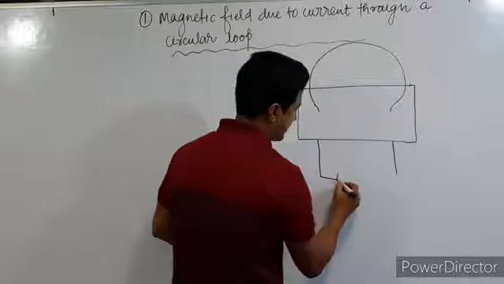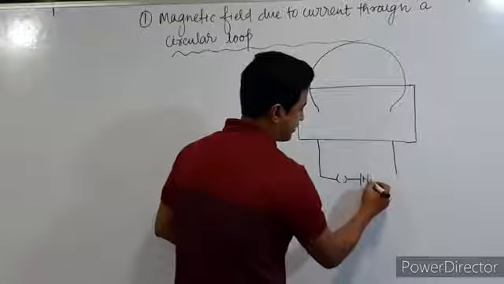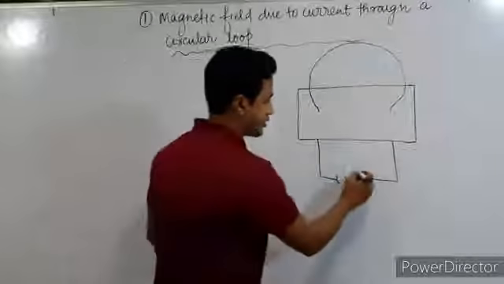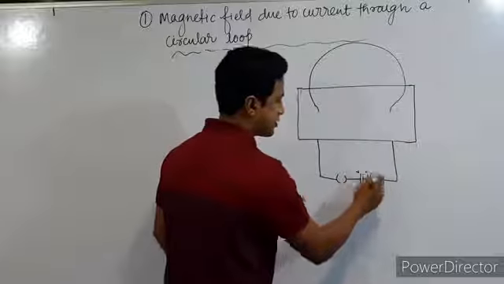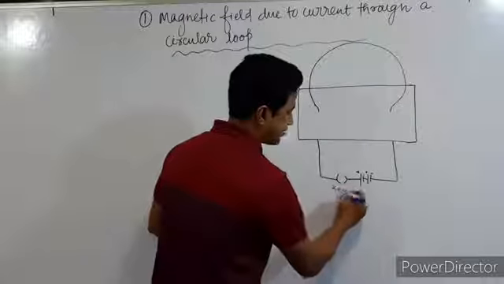This is connected with a switch that is in off mode, and then I connect my battery like this. So definitely this is plus, this is minus, this is my key, and this is my battery.